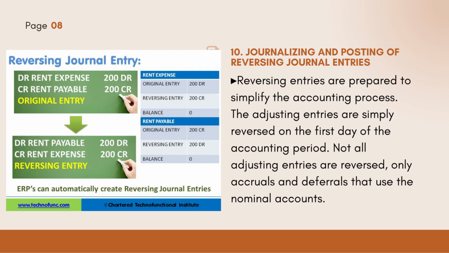Posting reversing entries: after the reversing entries are recorded in the general journal, they need to be posted to their respective accounts in the general ledger. Locate the accounts affected by the reversing entries in the general ledger and enter the credit or debit amounts accordingly.